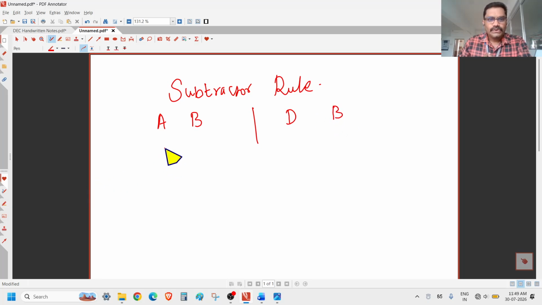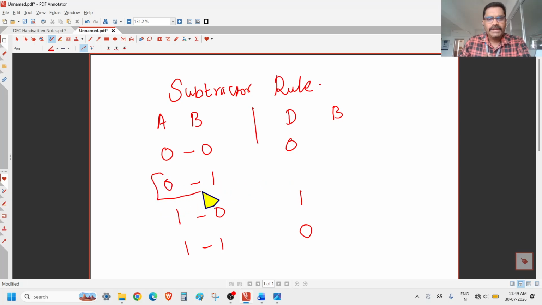If I subtract 0 minus 0, the difference is 0 and there is no borrow. For 0 minus 1, we'll see the result later. 1 minus 0 is very simple: the difference is 1 and there is no borrow. And 1 minus 1 is also easy: the difference is 0 and there is no borrow.